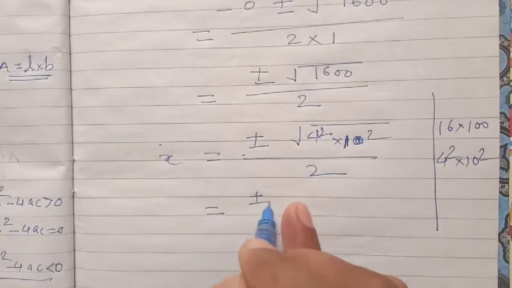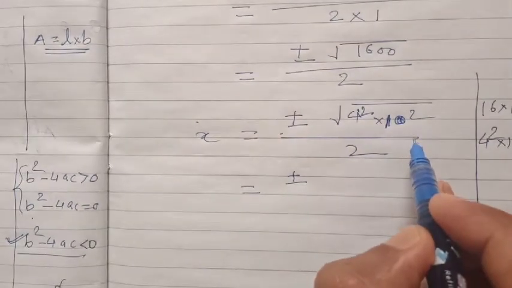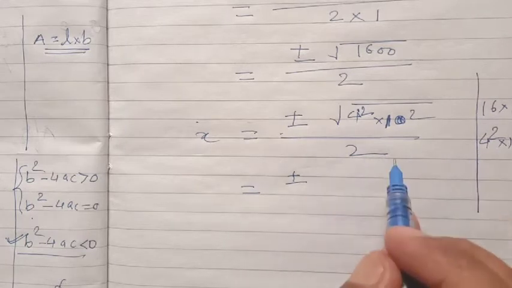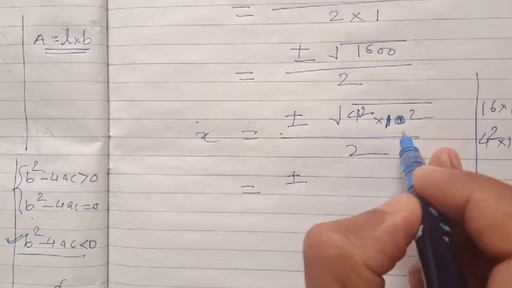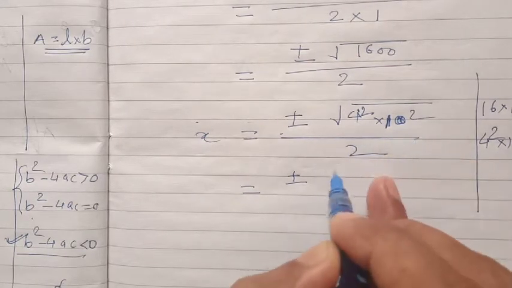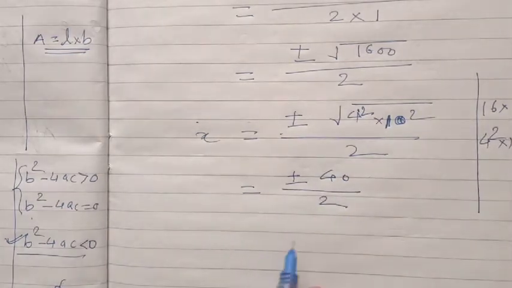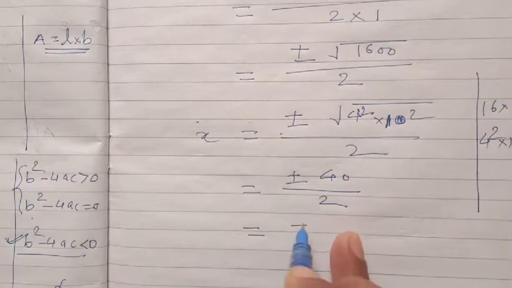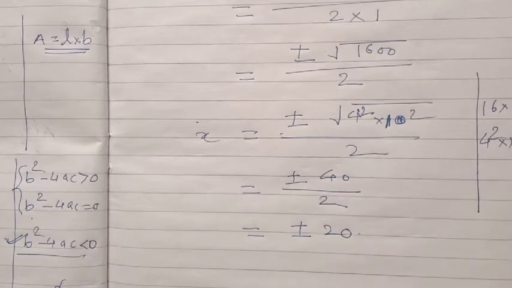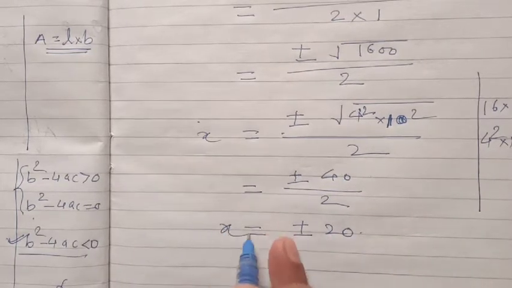So plus minus, the value of square will be out of the square root, so 4 10, 40 upon 2, and you can get plus minus 20, 2 2 4, x is equal to plus minus 20.